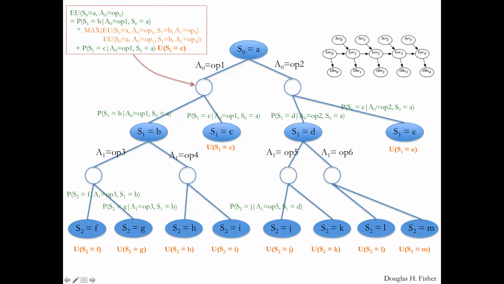Now we can compute the expected utility of this node. It's going to be the probability times the utility of this node plus the probability of this node times the expected utility of that node, which again is just given the max.